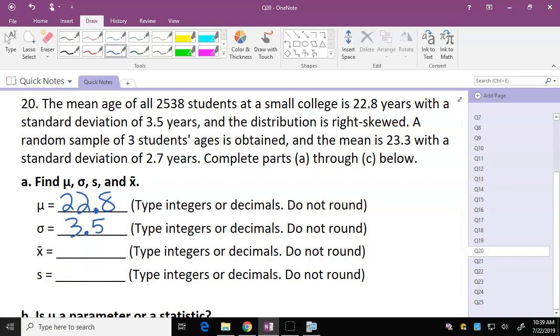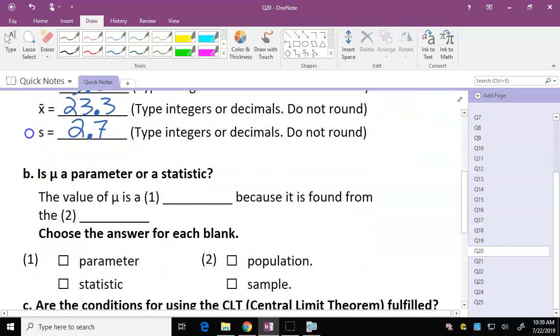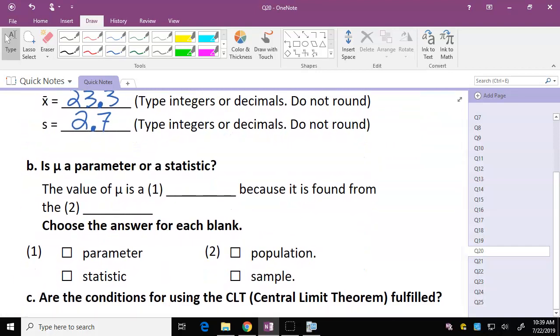Okay? Who is your x bar? The 23.3, because that's the mean age for our sample of 3. And then who is s, the standard deviation? 2.7, because that is the standard deviation for the sample. Okay? So there's that piece. And then down below, is mu a parameter or a statistic?